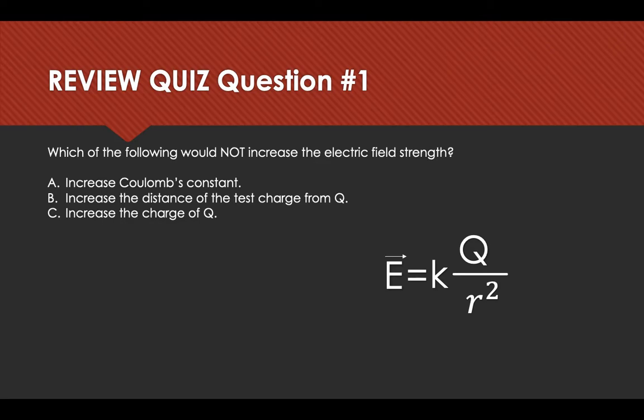We're not going to increase a constant. That's why it's constant. B, increase the distance of the test charge from Q. If we increase distance, the electric field strength is going to go down. So that would definitely not increase the electric field strength. And then increase the charge of Q would increase the electric field strength. So B was the correct answer.